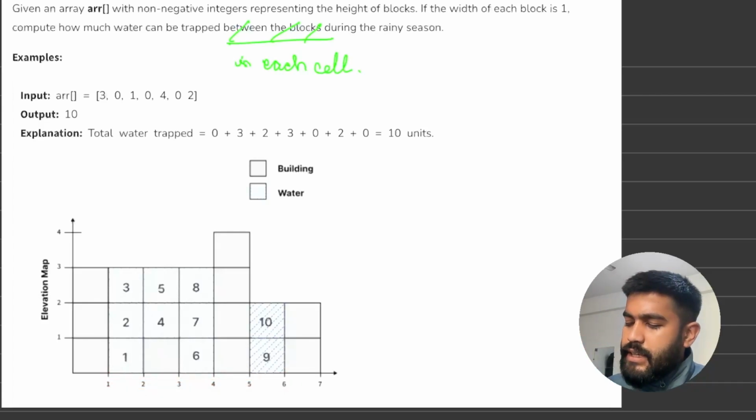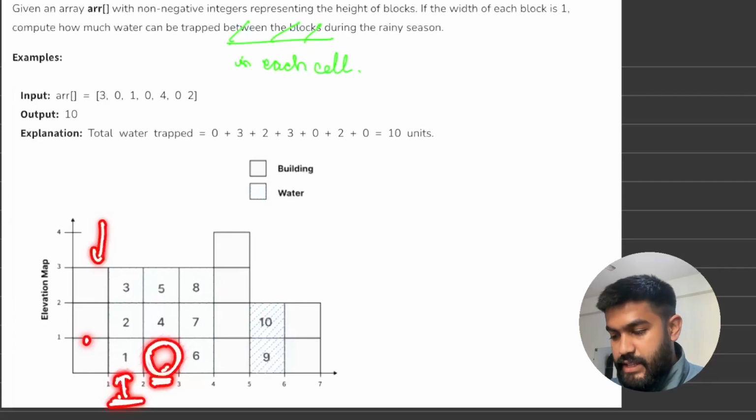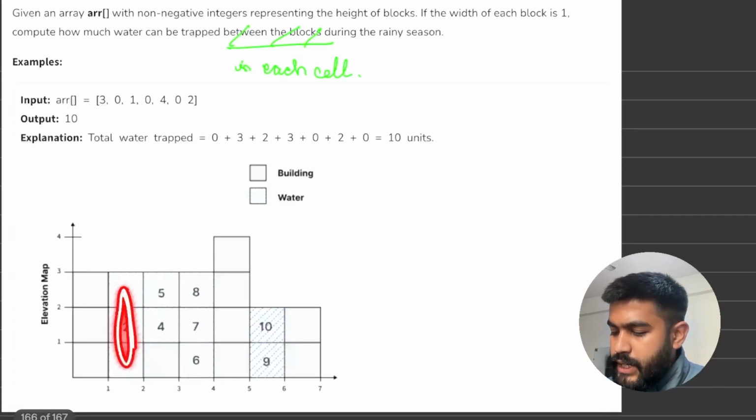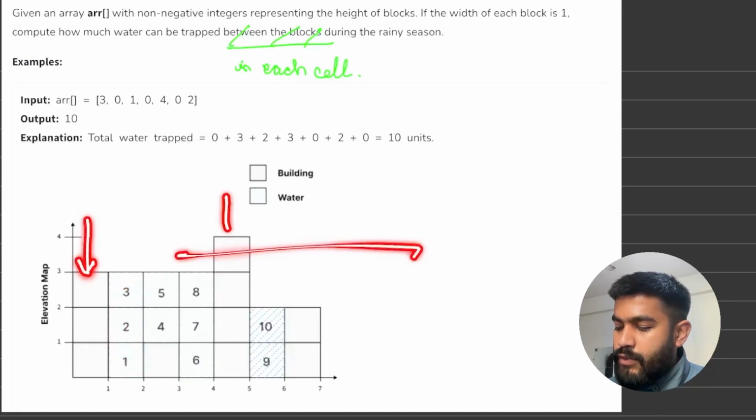Now let us observe. This part can store how much water? This part can store water, this and this. We have 2 points, which is this and this. So how much water can this one store at this point? We can say that this point can store water based on the highest wall from this side and the highest wall from this side.